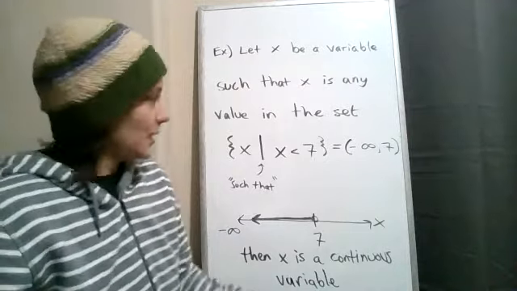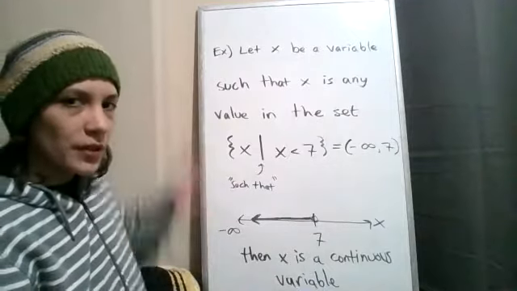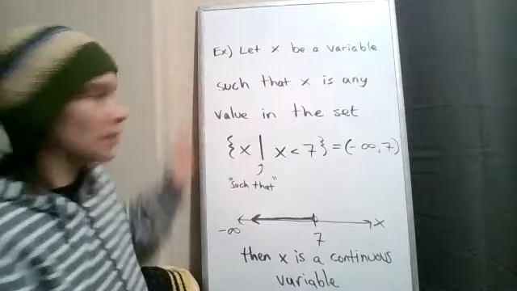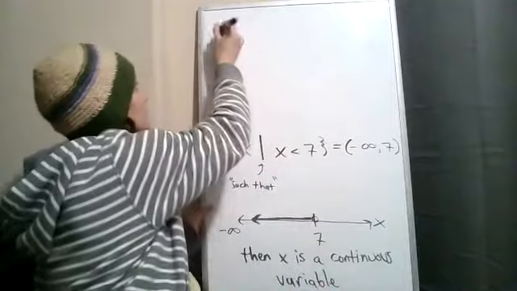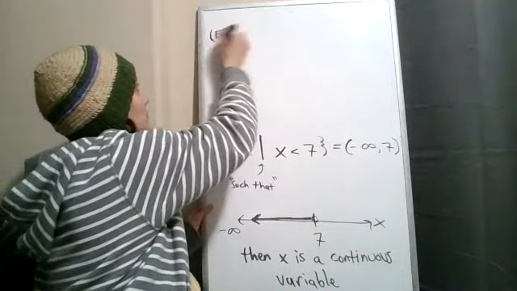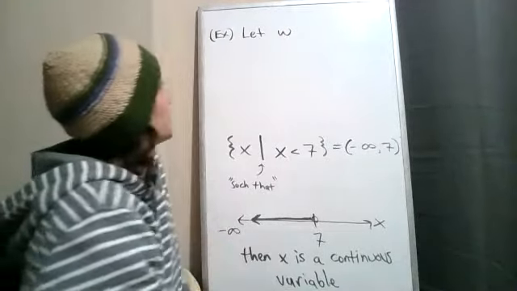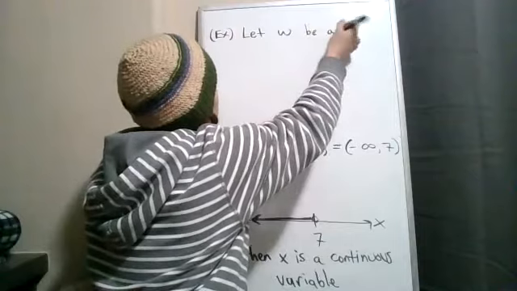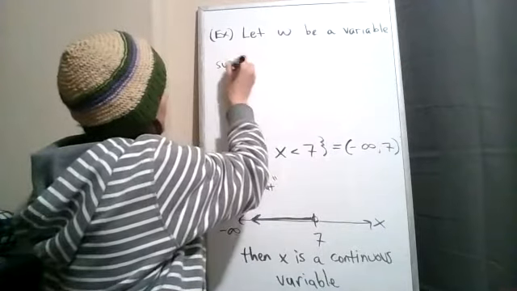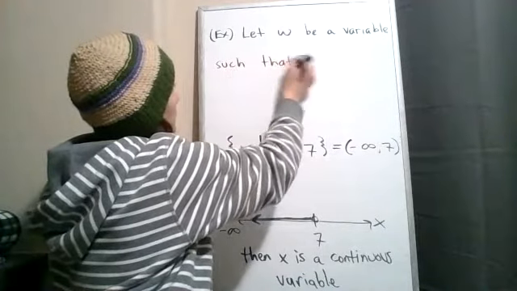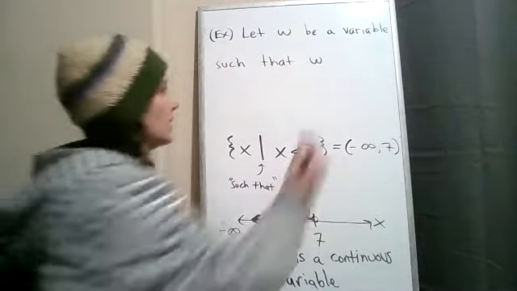Okay, another one of these. So, starting over, new variable, let's call it w. Okay, w is any value in the set.